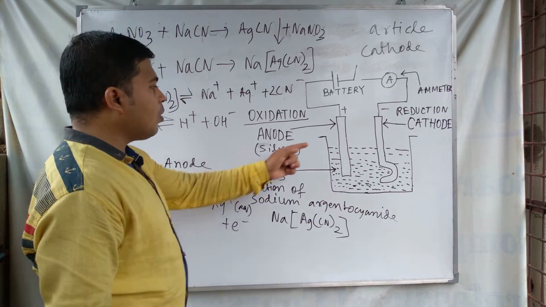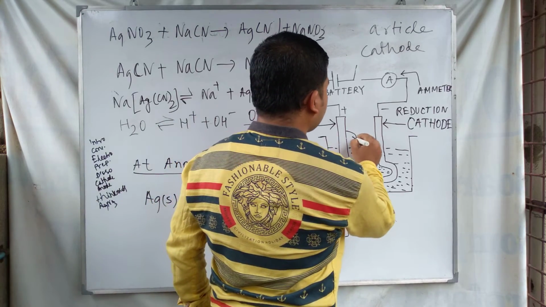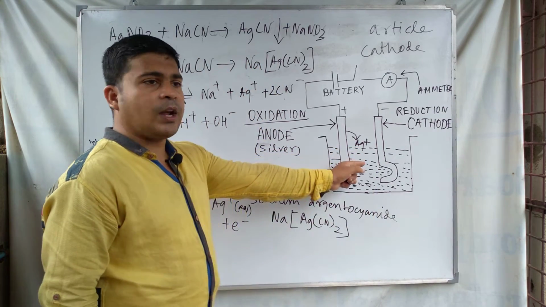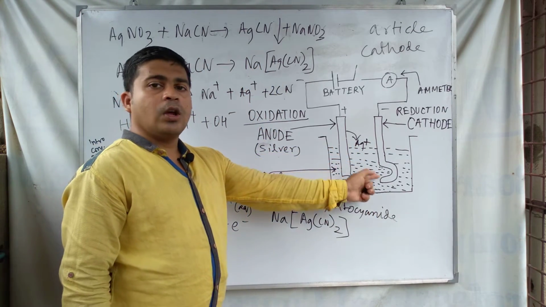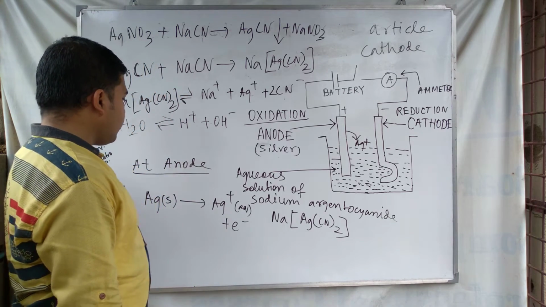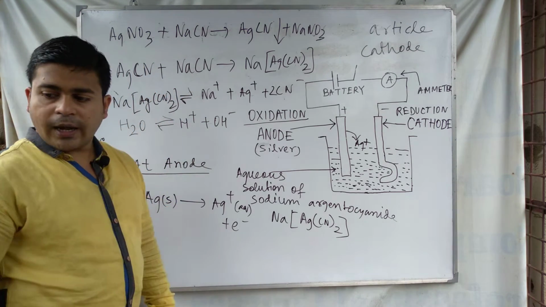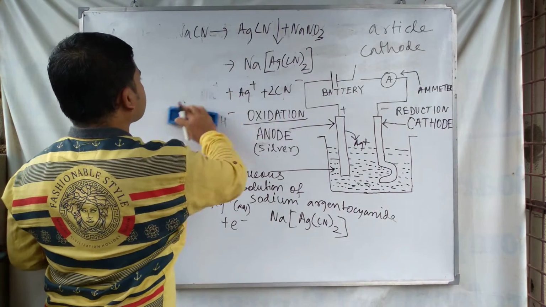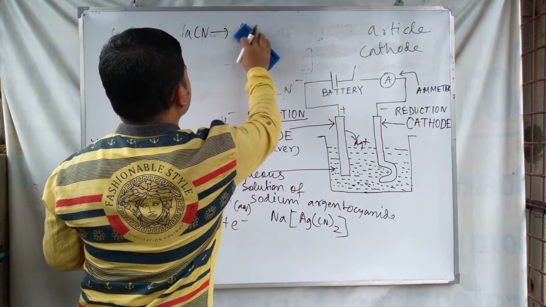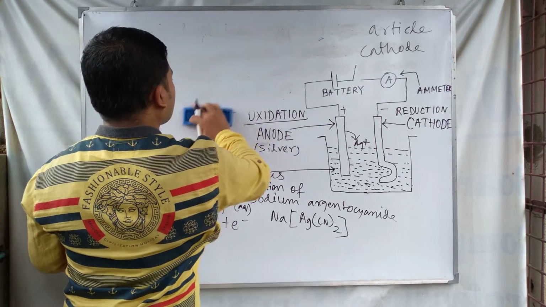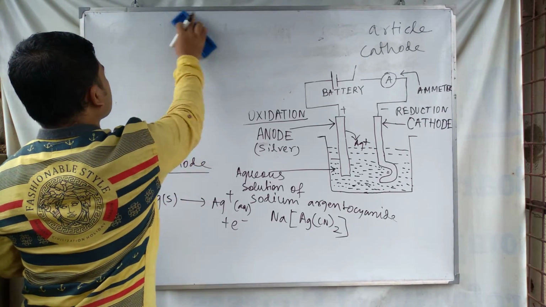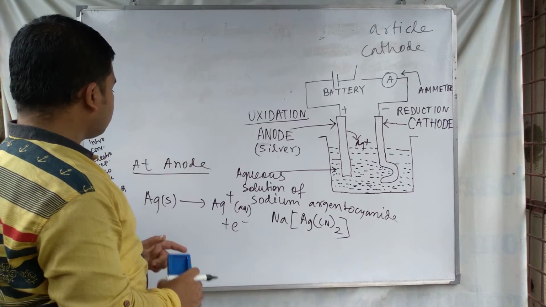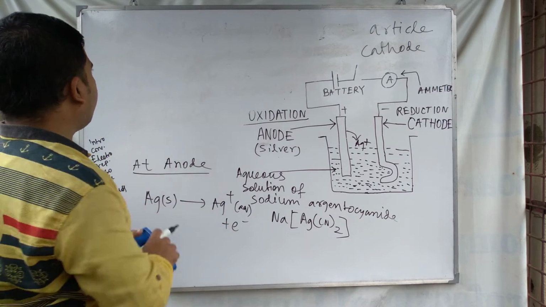The silver block supplies the silver plus ion into this electrolytic solution, and this is the reaction at anode. Silver plus is formed, which means oxidation occurs at anode.